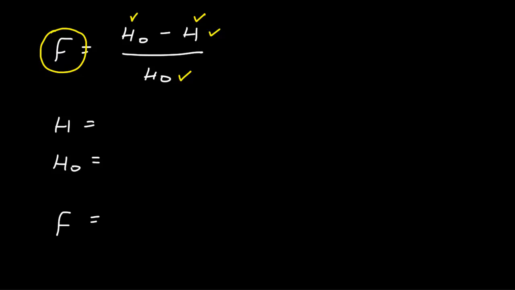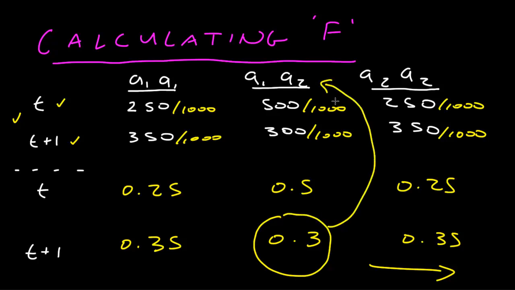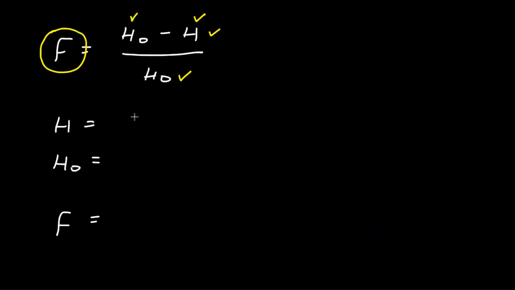So let's focus on the recent generation now, the one that has resulted from inbreeding. What is our H value? Well, let me jump back a page. Our H value would be 0.3. That's the proportion of this genotype in our population.